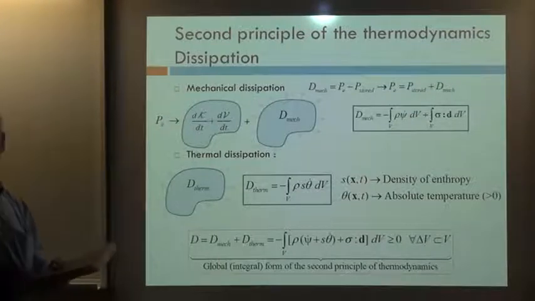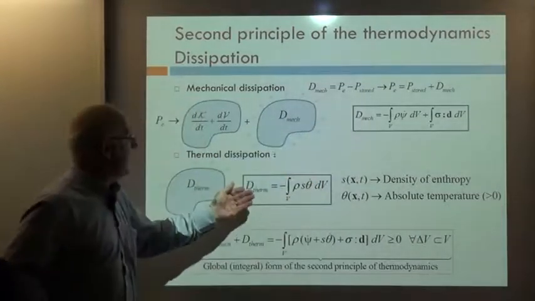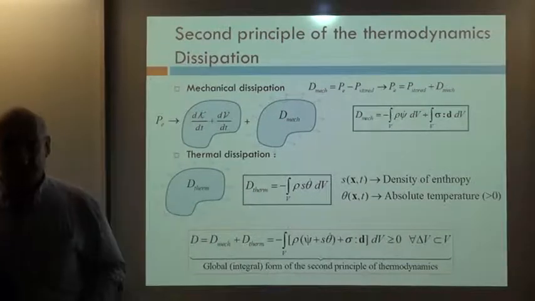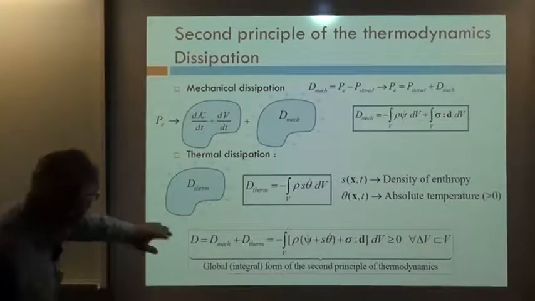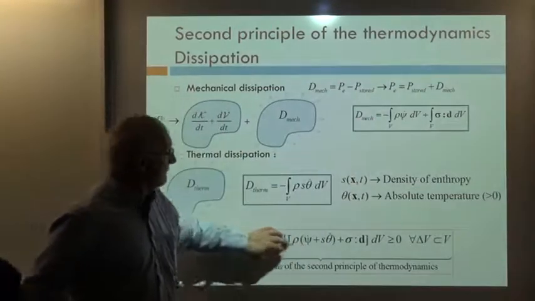And this part, what is lost, is what we call dissipation. There is a mechanical dissipation, which is expressed this way, and a thermal dissipation, which is expressed this way. So the total dissipation in the body is the sum of this plus this, and that's what we have here.